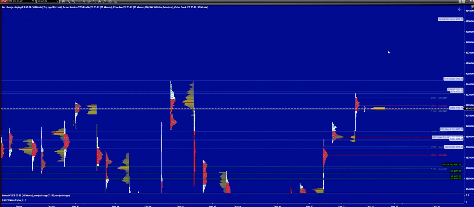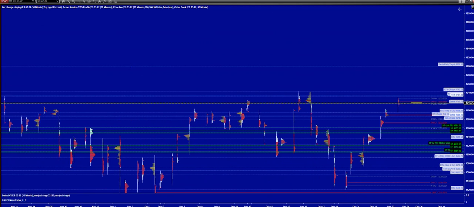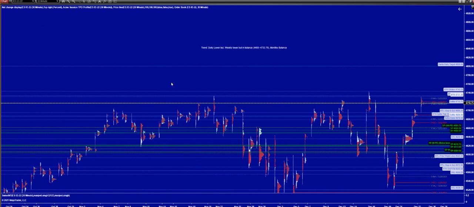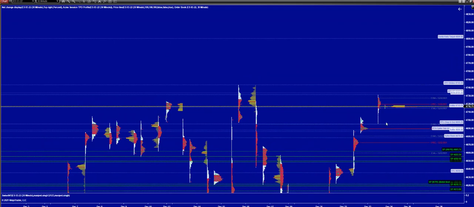I would expect the market to trade back within this large balance zone, which has been forming here for many weeks, come down, and repair some of these single prints, repairing the structure underneath.